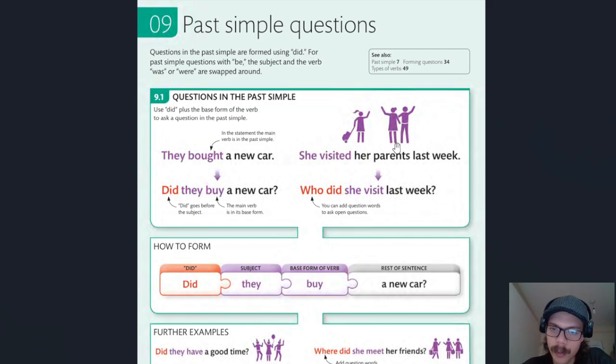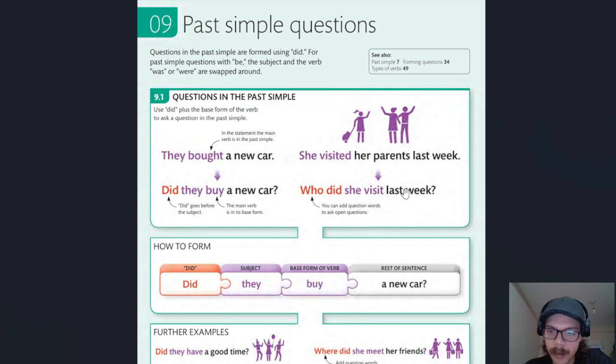Now, let's look at the second example, which is a little bit different. The statement says, she visited her parents last week. Okay? Now, if I want to make this statement into a question, similar to the first example, I would say, did she visit her parents last week? Because I have to add the did and then use the base, which is visit.